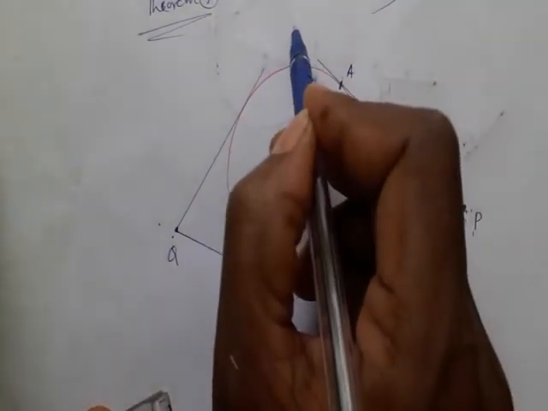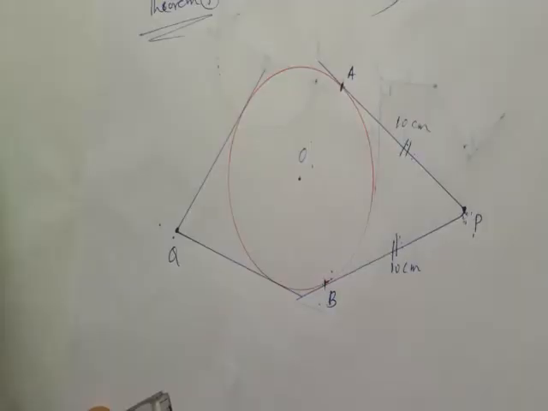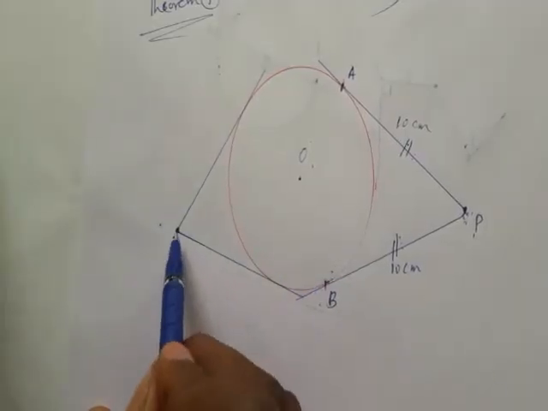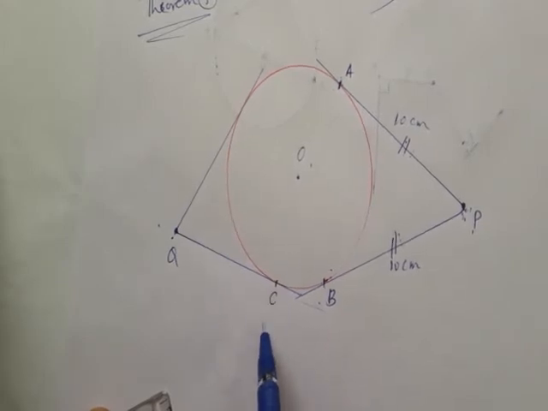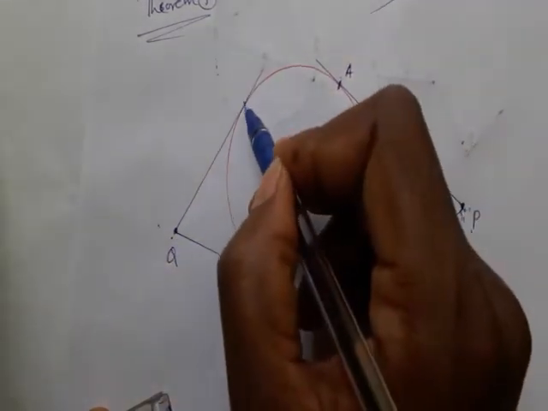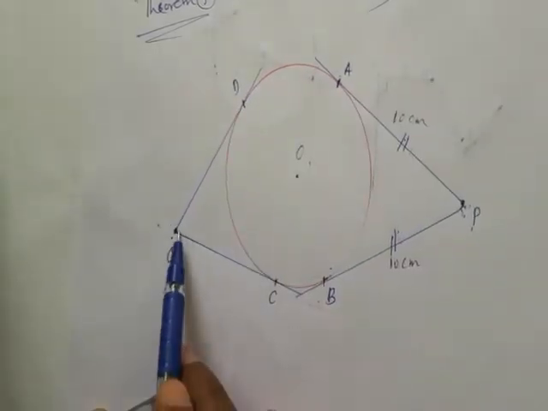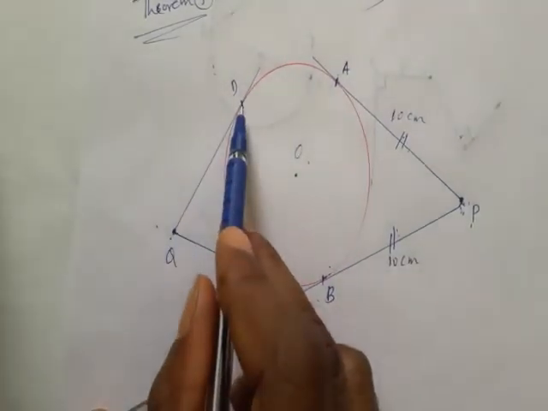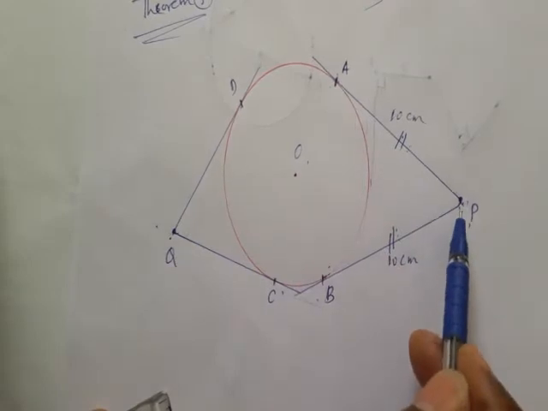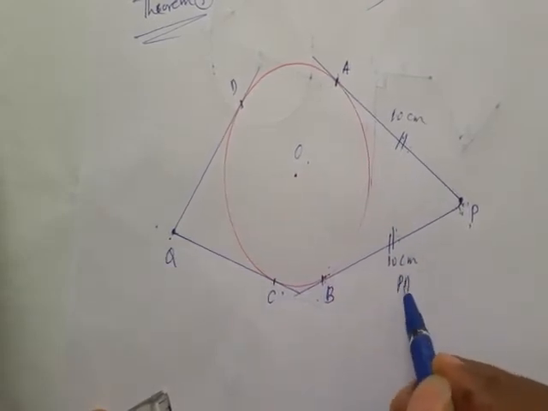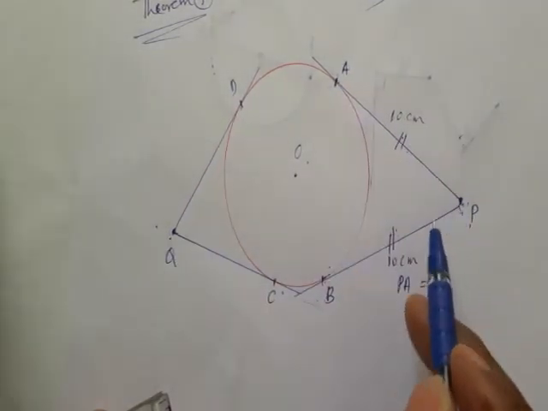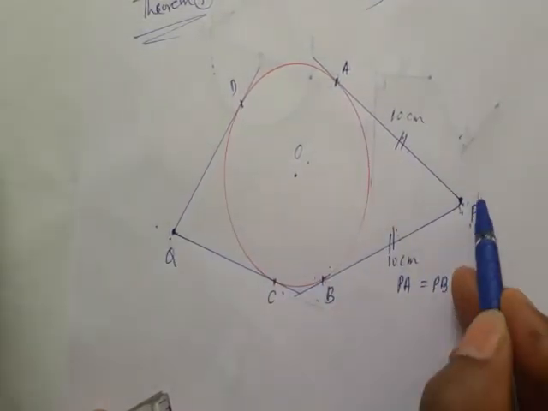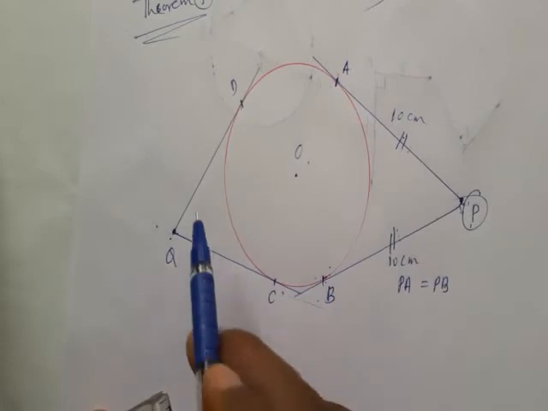If you mark one more point R, you can draw 2 only, maximum. So Q meets the circle here. I mark this point as C. It meets the circle here, it is D. So QC and QD are what? Tangents. PA equal to PB, because PA tangent and PB tangent are both drawn from point P. That's why both are equal.